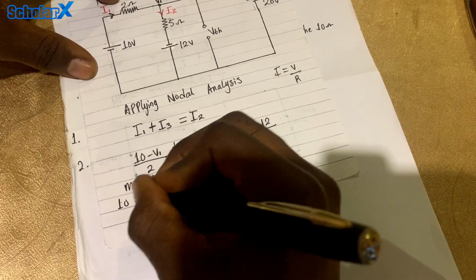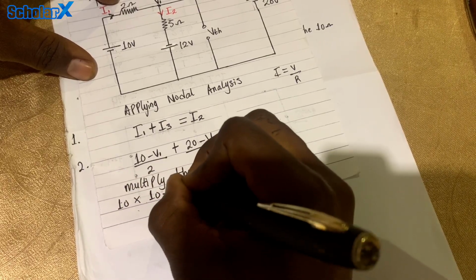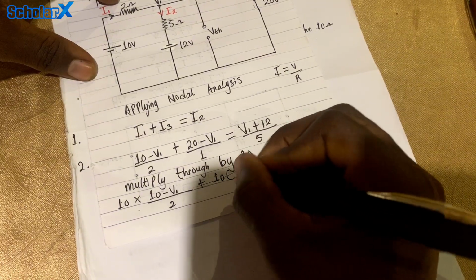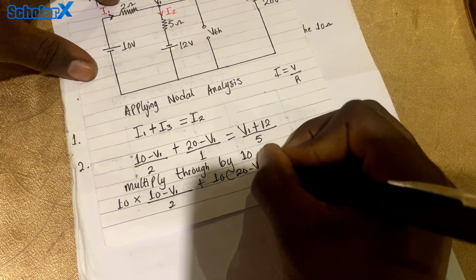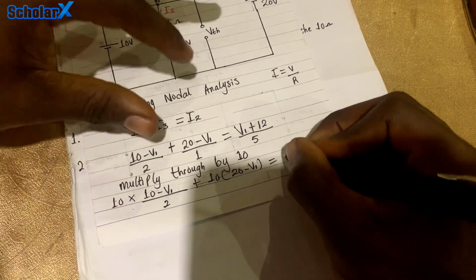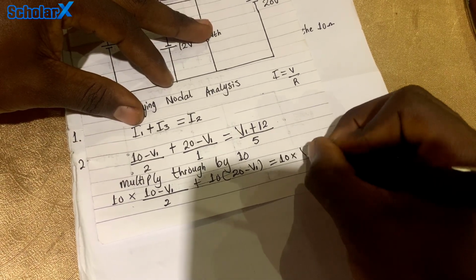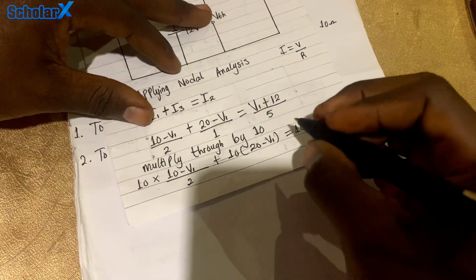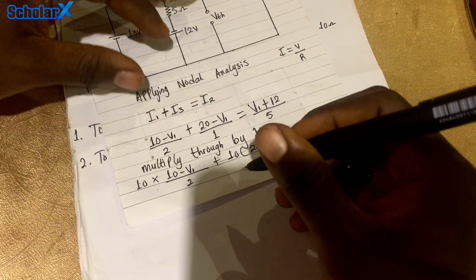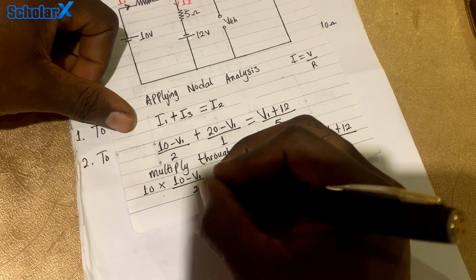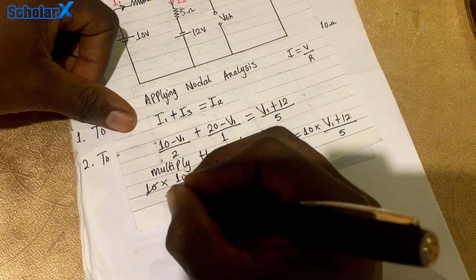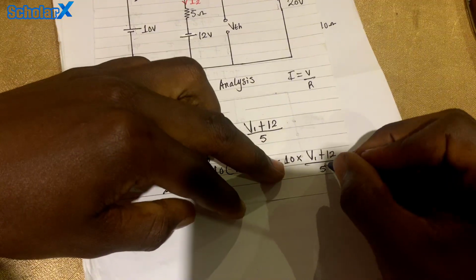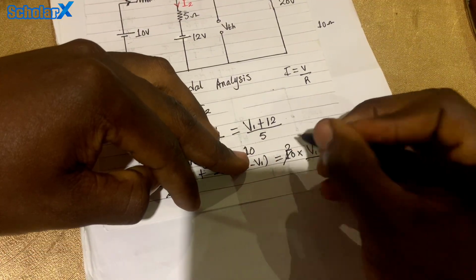10 times (10 minus V1) over 2 plus 10 times (20 minus V1) is equal to 10 times (V1 plus 12) over 5. Now let's continue. 2 goes into 10 five times, and 5 goes into 10 two times.